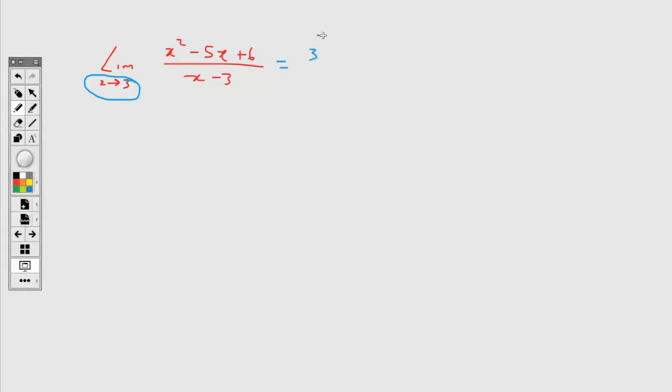So we have 3 squared minus 5 times 3 plus 6 over 3 minus 3. 3 squared is 9, 5 times 3 is 15, plus 6 over 3 minus 3, that's 0. 9 minus 15 is minus 6, plus 6 gives me 0.